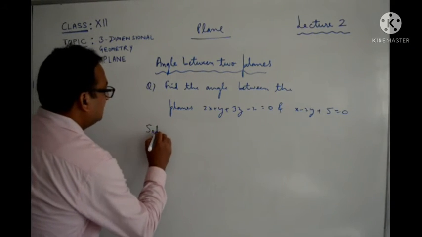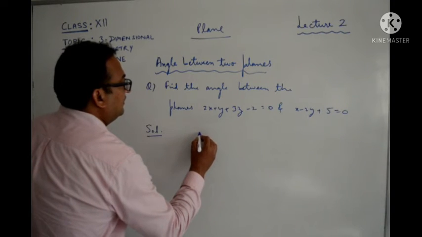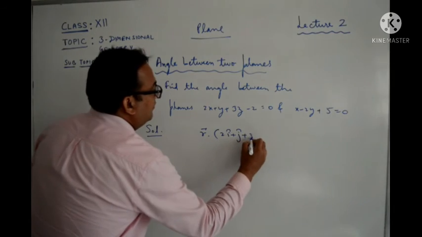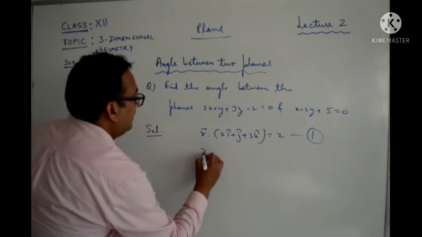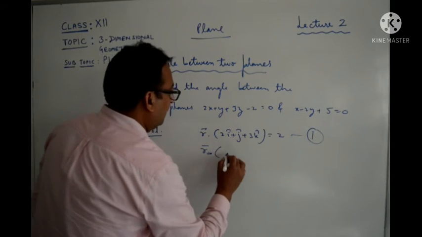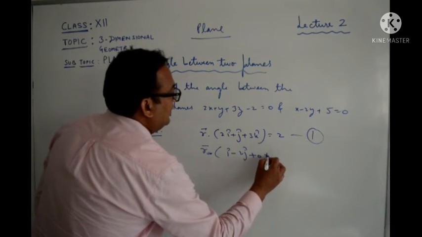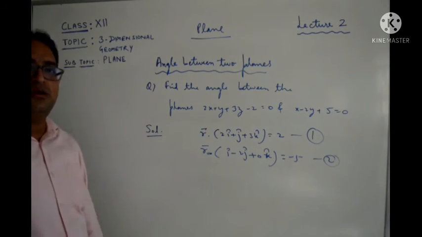As far as the solution is concerned, first we write the equation: r vector dot (2i plus j plus 3k) is equal to 2. This is the equation of the first plane, and the second equation is r vector dot (i minus 2j plus 0k) is equal to -5. So this is equation number 2.